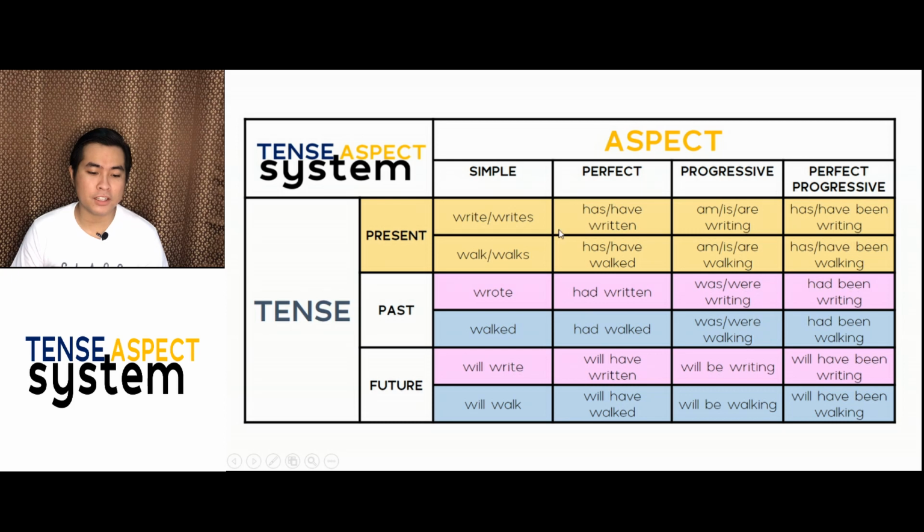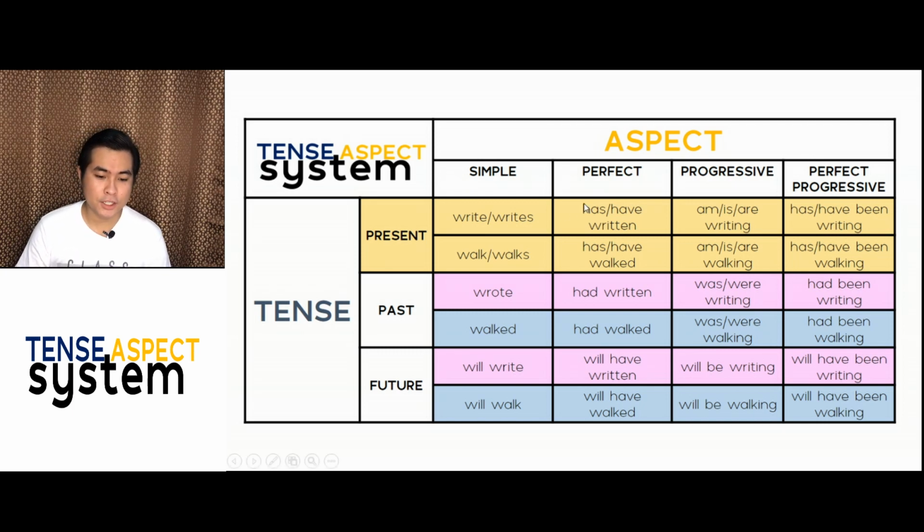The present perfect's form has your has or have. Remember, for your perfect tenses, you have the idea that there is a helping verb and a past participle.